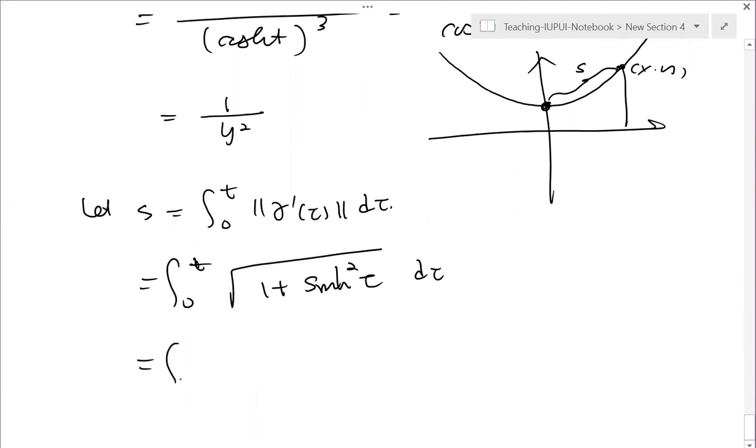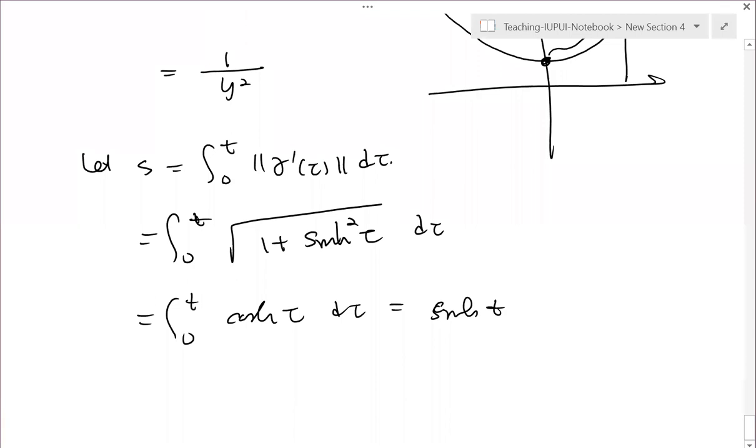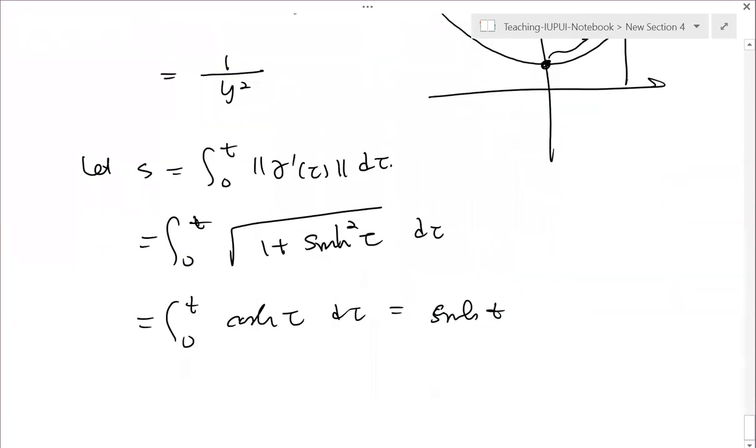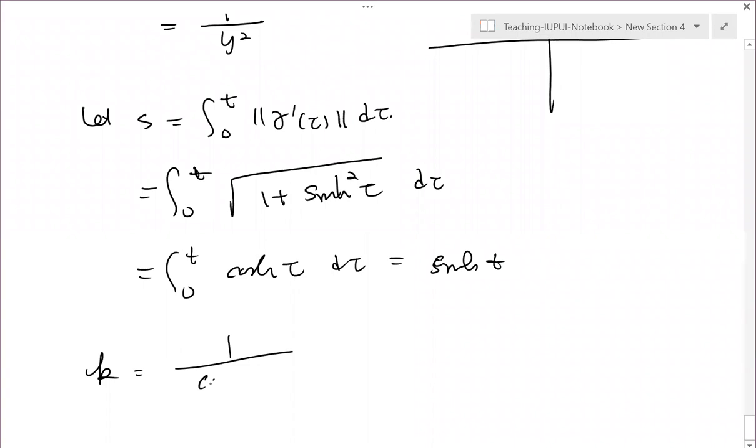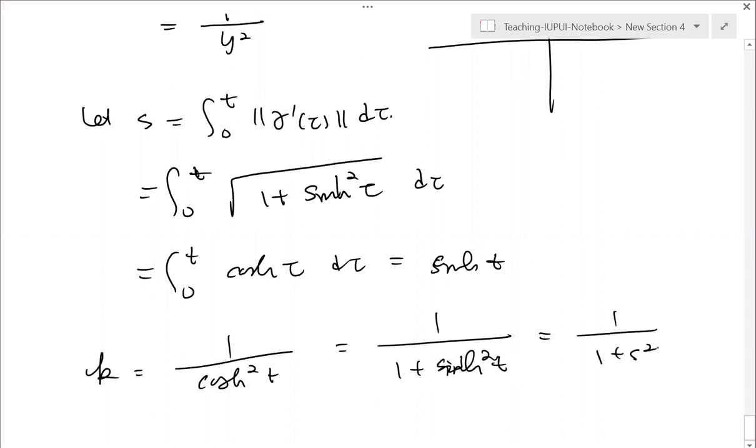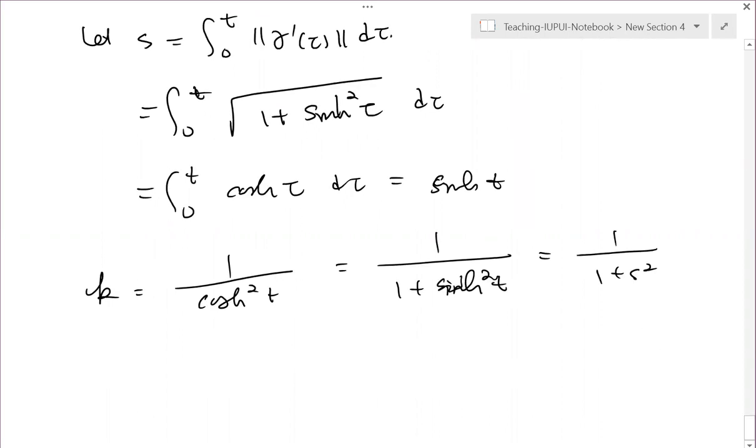Then you simplify this: hyperbolic cosine t dt. The antiderivative of hyperbolic cosine t is hyperbolic sine t, so S is just hyperbolic sine t. Now let's go back. The curvature is going to be 1 over hyperbolic cosine squared t, which is also 1 over 1 plus hyperbolic sine squared t, and that's just 1 over 1 plus S squared. So this is another way to describe the curvature.